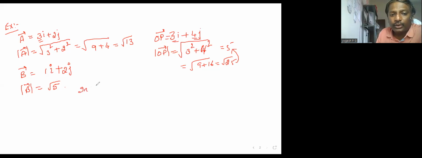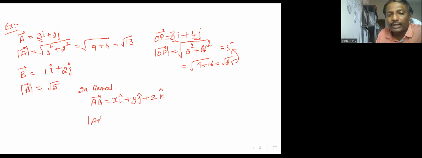Now I'm going to take it in general. In general, if I represent the AB vector as x into I cap, y into j cap, z into k cap, can you tell me what is the magnitude of the AB vector?